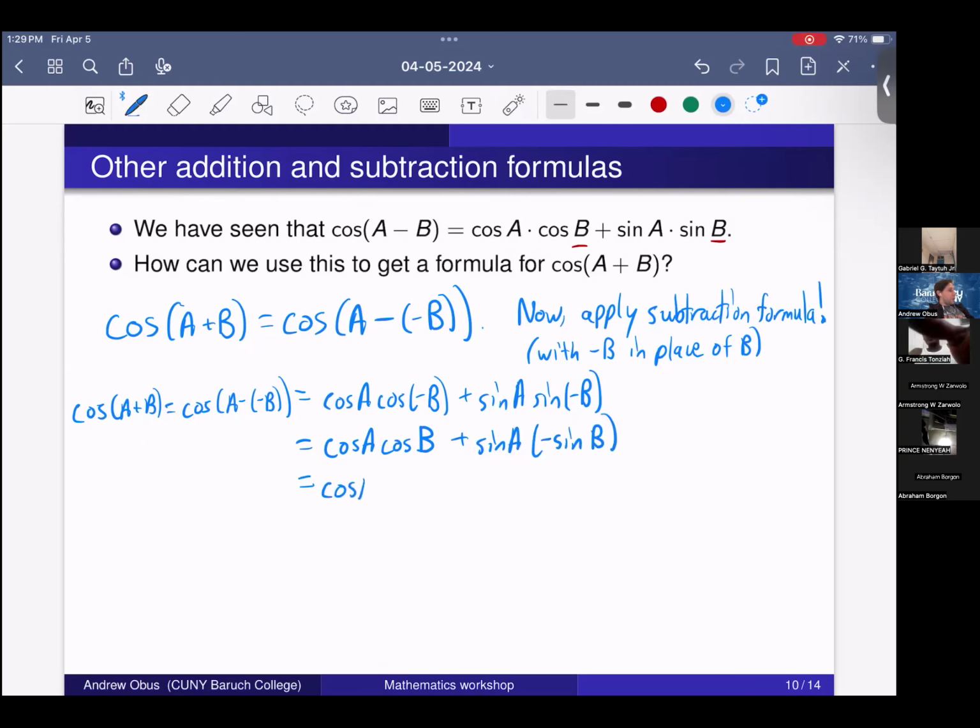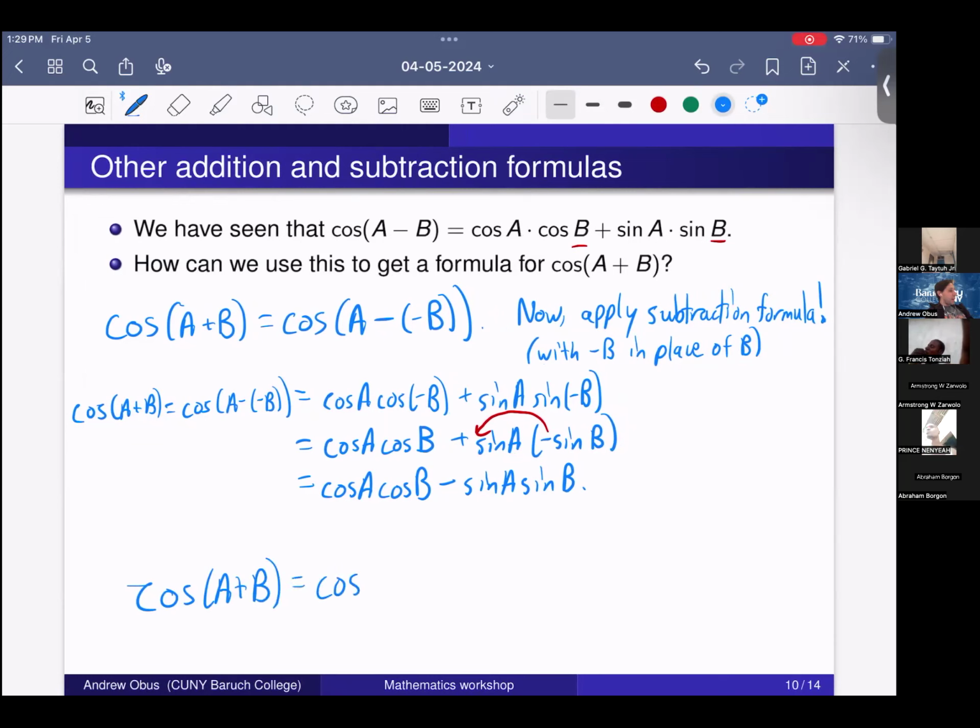Or in other words, cosine a cosine b, the minus can go out, right? So it's going to be minus sine a sine b. Okay? And so this is our formula. So the formula is that cosine of a plus b is equal to cosine a cosine b minus sine a sine b.